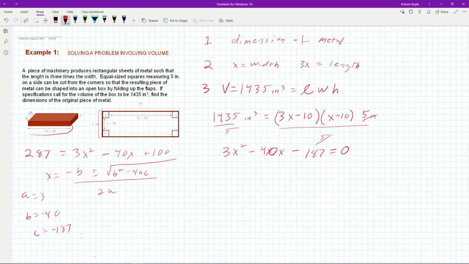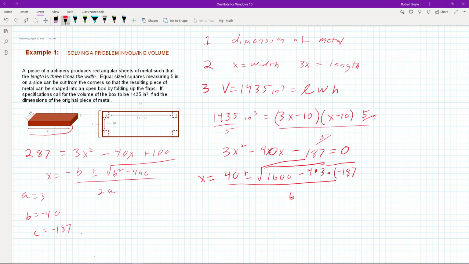So making the substitutions, I will have that x is equal to negative b, which would be 40, plus or minus the square root of 1600, 40 squared, minus 4 times 3 times negative 187, all divided by 2 times a, or 6.